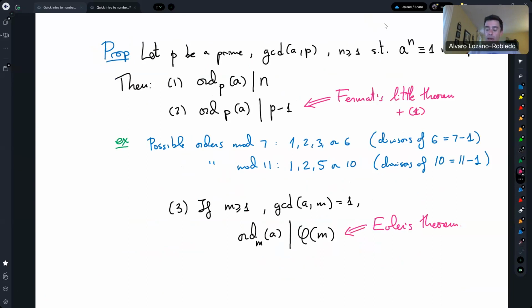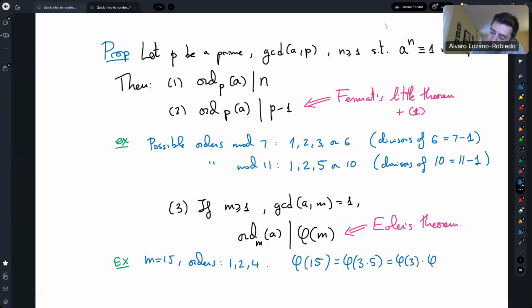And for example, remember that when m was 15, the orders that we saw were 1, 2, and 4. And phi of 15, if you remember how to compute values of the Euler-Phi function, the Euler-Phi function is multiplicative on relatively prime factors. So this is phi of 3 times phi of 5. And phi of a prime was p minus 1. So this is 2 times 4, 8.